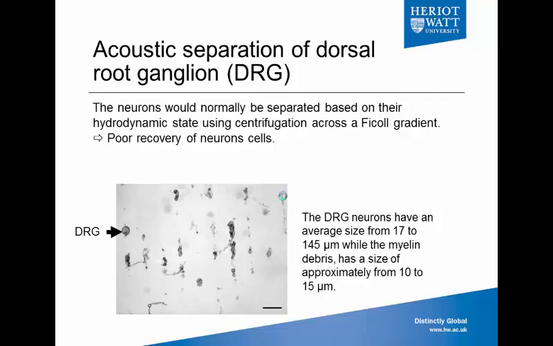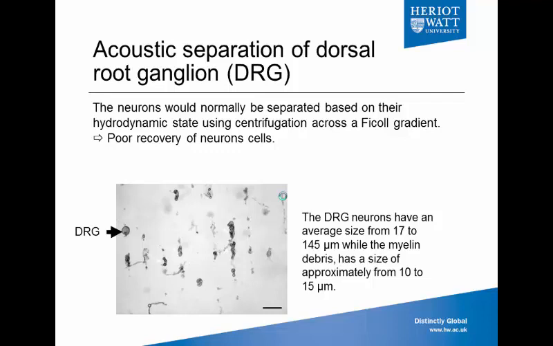The main problem with extracting neuron cells from the heterogeneous medium is that when you use a Ficoll gradient protocol, you have a very poor recovery of neuron cells.